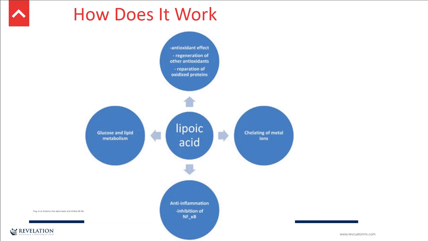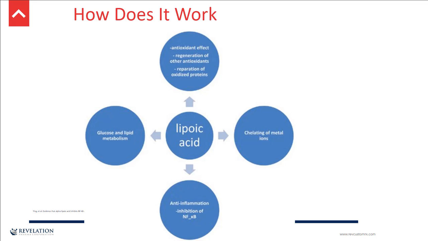So how does it work? This kind of shows the major pathways through which it works, and we'll get deeper into these as we go. At the top you've got its antioxidant effect, a regeneration of other antioxidants, so supporting glutathione and other antioxidant regeneration as well, and reparation of oxidized proteins.